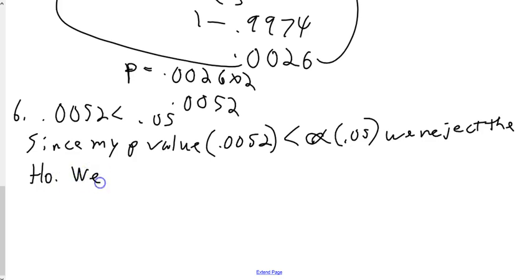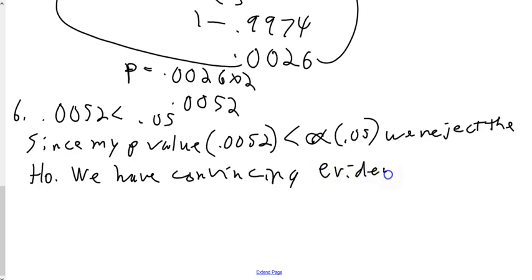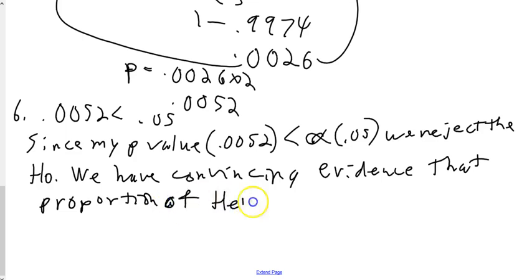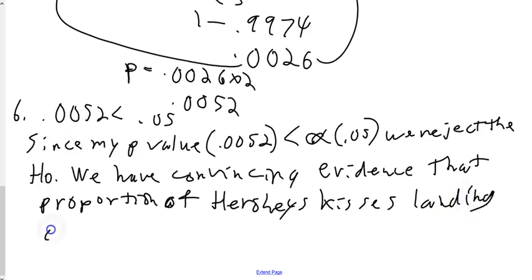Because we have convincing evidence that the proportion of all Hershey's Kisses landing on the base is not equal to 1/3. That's it.